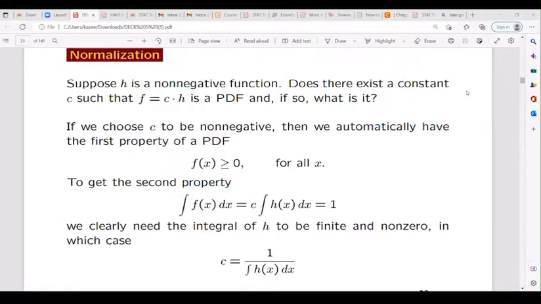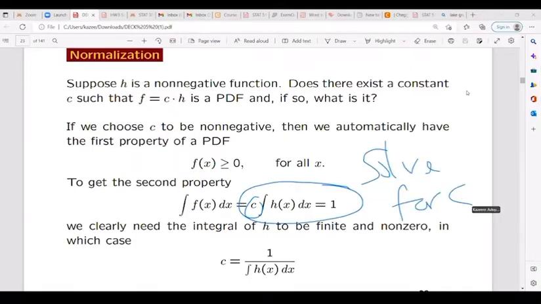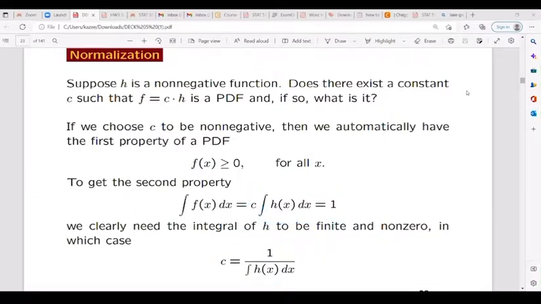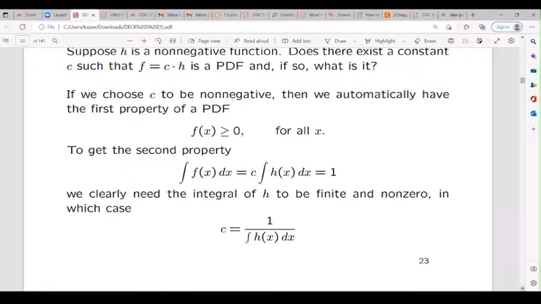When you bring the constant c out and solve for c, if you divide both sides by the integral of h of s ds, your c is basically going to be that. This is your c. So if I want to find c, that's what I'm going to do.